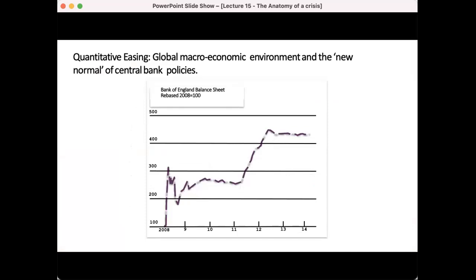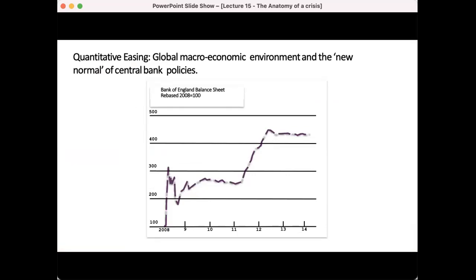This is a graph of the balance sheet of the Bank of England, rebased to 100 in 2008. In 2008, you see that initial spike, then a little flutter as payments are made to the banking system and welfare payments kick in.